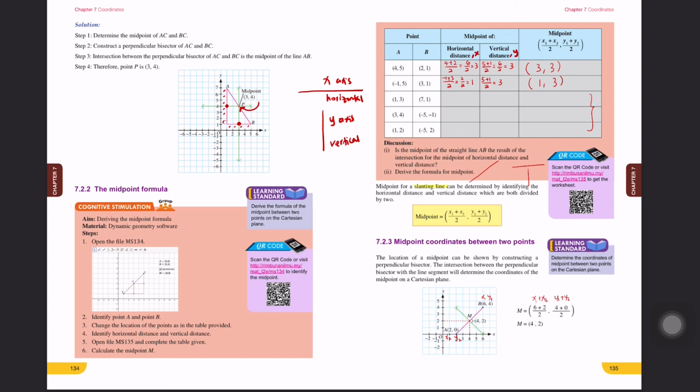Kalau ada yang tak faham, boleh rewind balik video ni, tengok part mana yang awak kurang faham. If you still have any problems, you can comment down below, ataupun for my students, awak boleh terus direct message saya. Telegram, no problem, I will entertain your question.